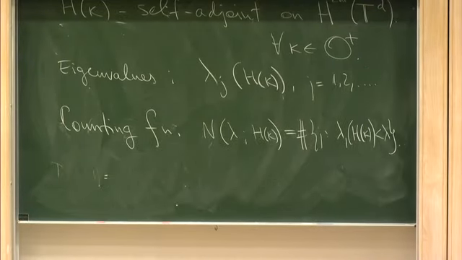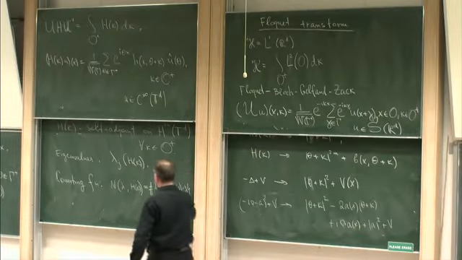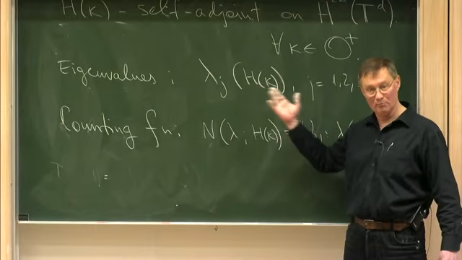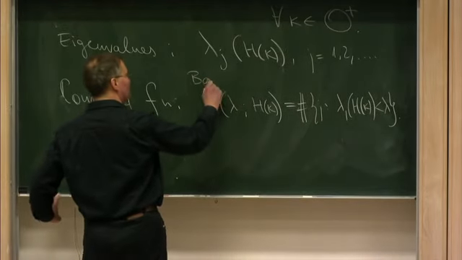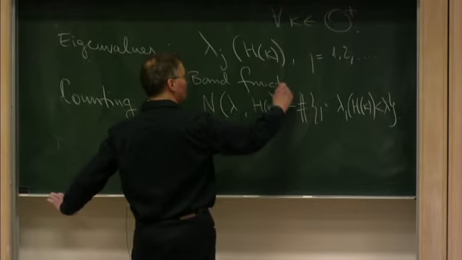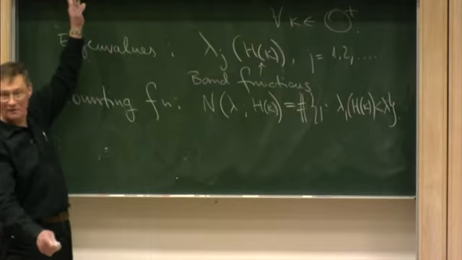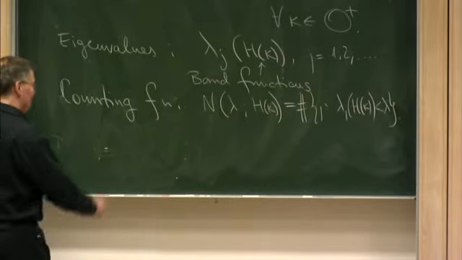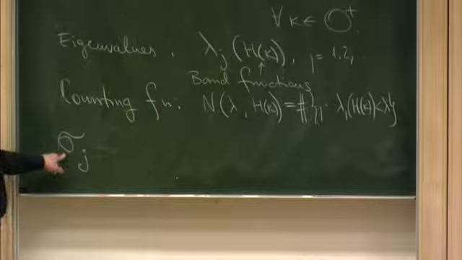Okay, good. What else do I need to remind? Right, now how do we build spectral bands? We take those eigenvalues as functions of k. These are band functions. They're called sometimes Bloch functions as well, but never Fourier functions, I guess. So the spectral bands, and this is letter sigma.